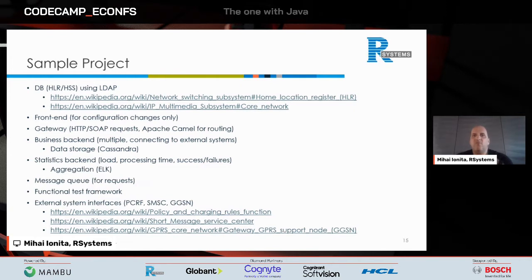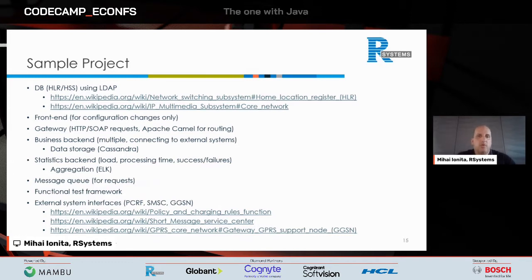We've got the front end for the operators' engineers to change configuration values. We have the backends which process and send info to the external systems with storage currently in a Cassandra database. We have the statistics with the ELK stack, Logstash for input, Elastic for aggregation, Kibana interface, all the usual stuff. And we have a message queue that is built in Java.